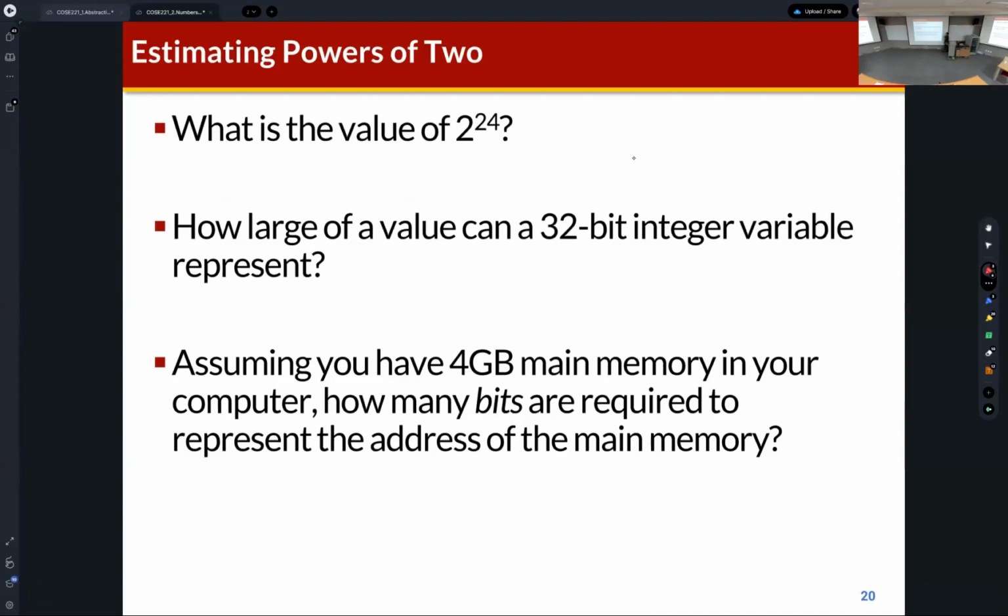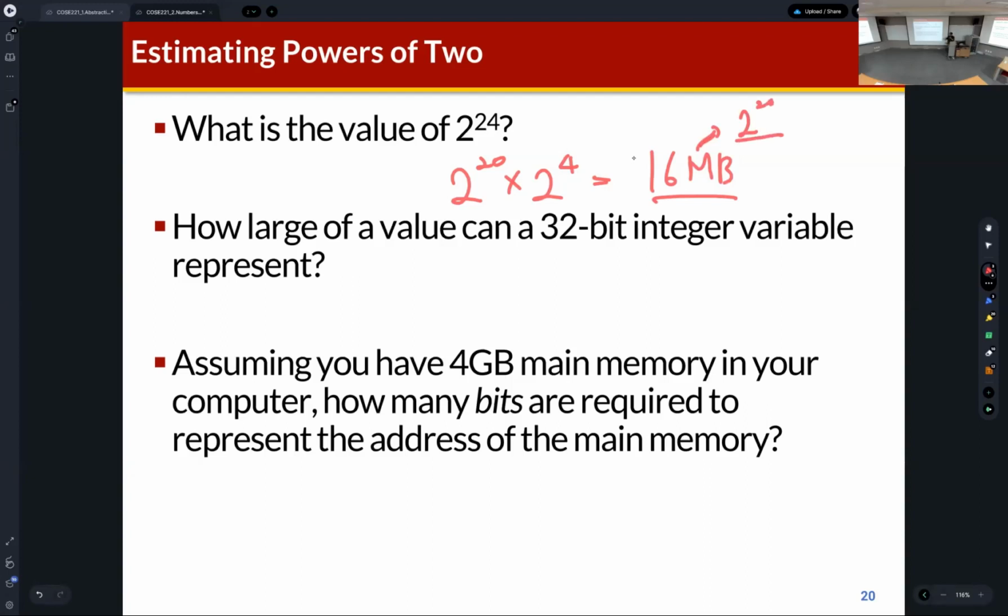Here is another example. What is the value of 2 to the 24? It's 2 to the 20 multiplied by 2 to the 4, which is 2 to the 4 is 16, so 16 megabytes, because mega represents 2 to the 20.